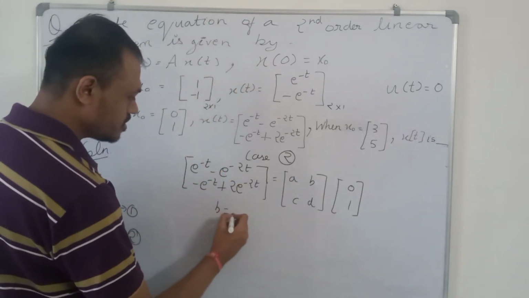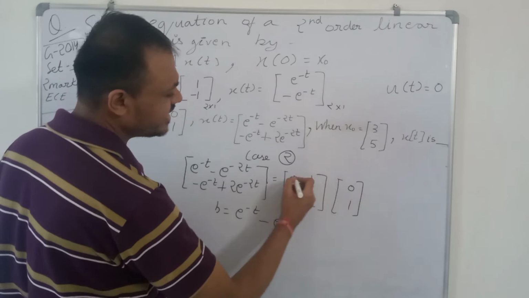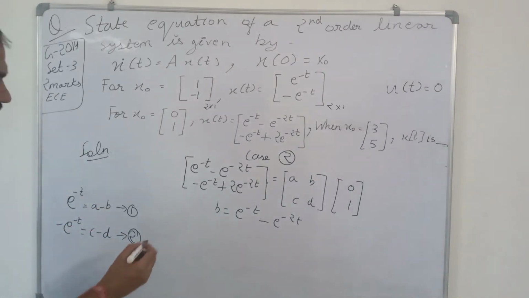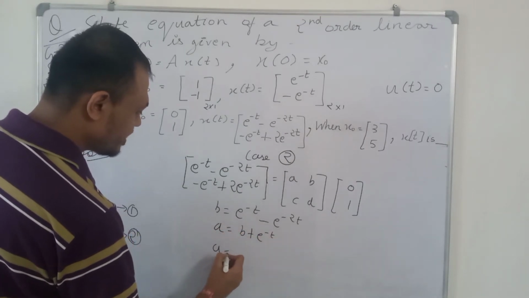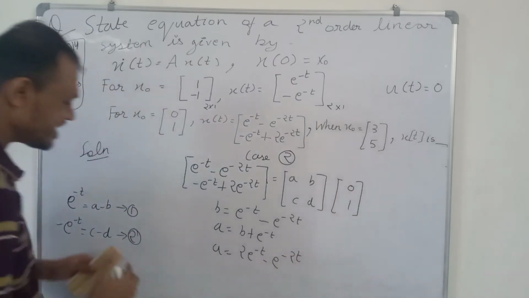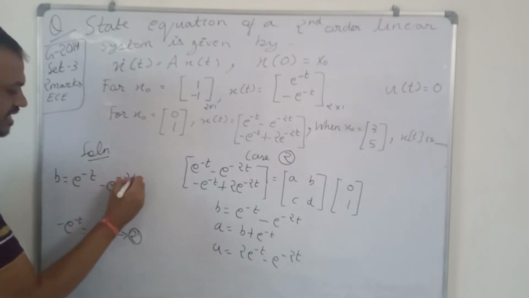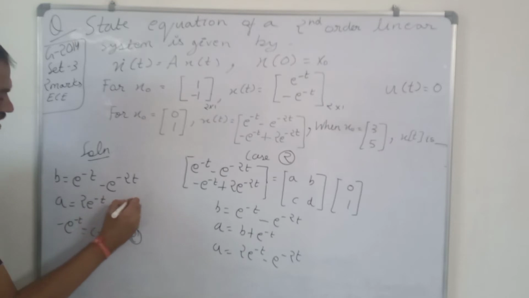So b is equal to e to the power minus t minus e to the power minus 2t, because if we multiply, it is a into 0 plus b into 1. So a will be equal to b plus e to the power minus t, so a is equal to 2 e to the power minus t minus e to the power minus 2t.